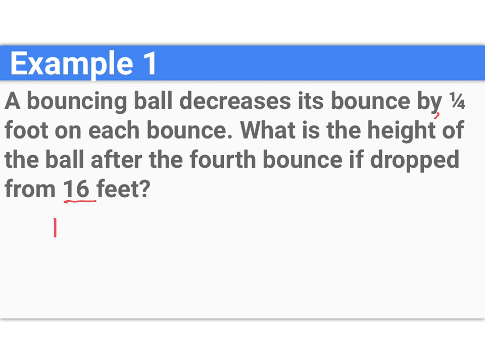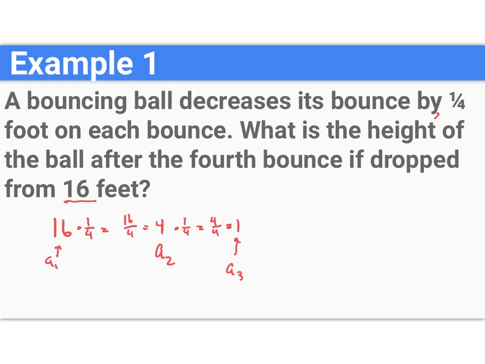So if we start from 16 and we multiply by 1/4, we get 16 over 4, which is 4. So this is A1. Then A2. Then multiply it by 1/4. That's 4 over 4, we get 1. And that is A3.